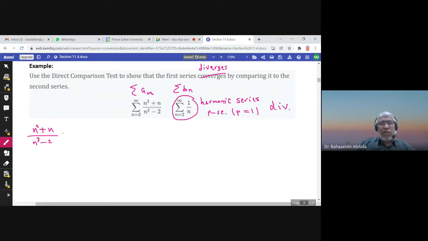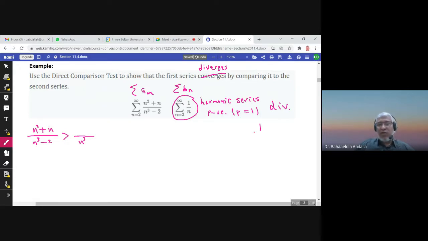Let us write it greater than something until we reach 1 over n. Well, now n cube minus 2. So if I remove minus 2, I am making the denominator larger. So this fraction would be greater than this.